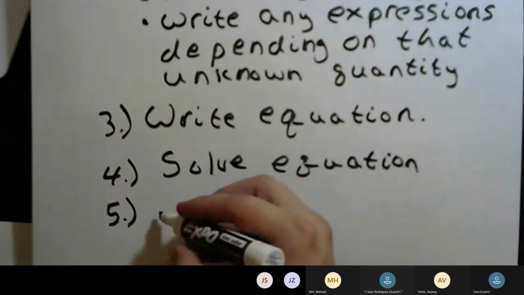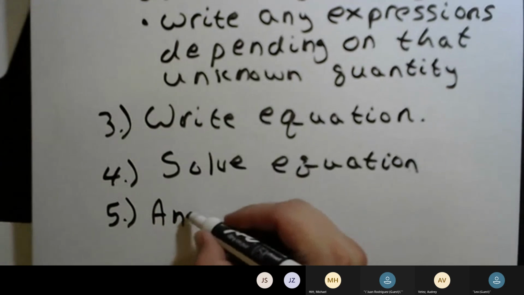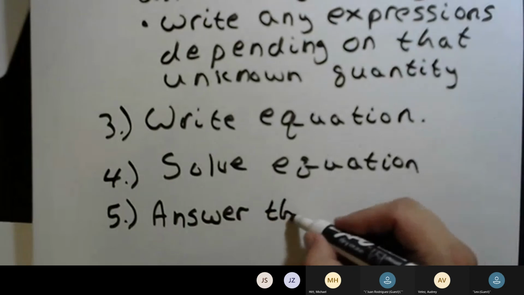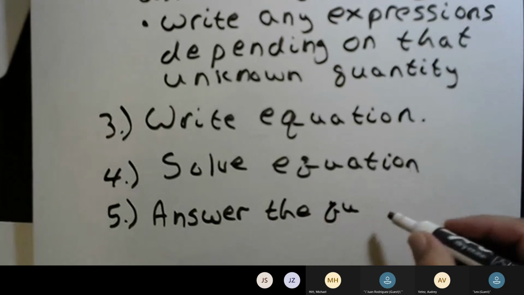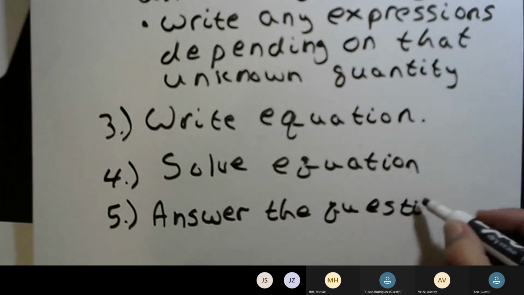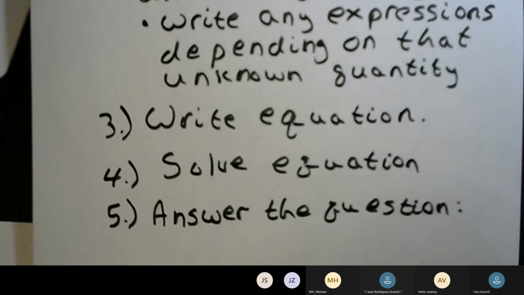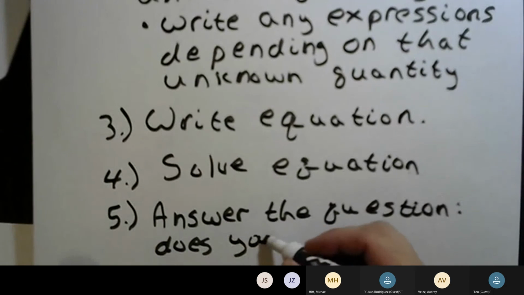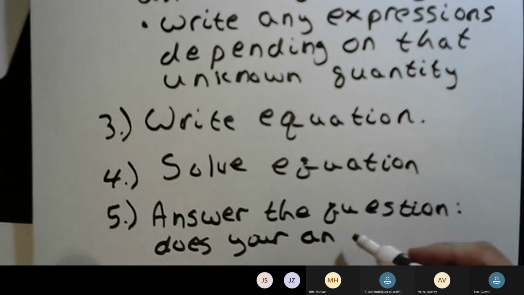But basically, and this is what it says, it says answer the question, which seems kind of peculiar, but what I interpret this as meaning is, does your answer make sense?